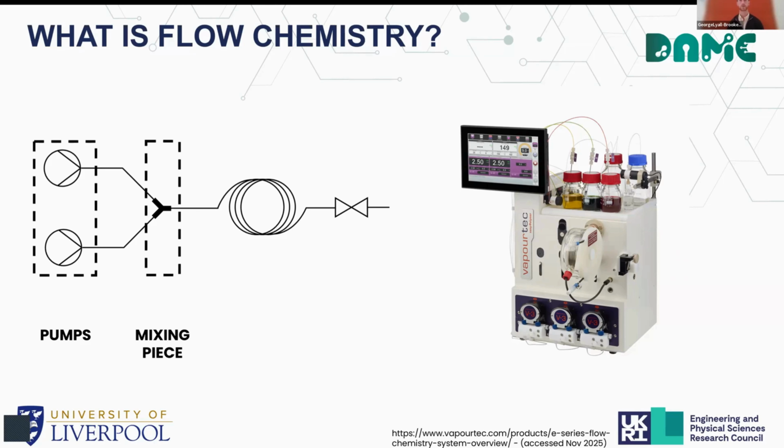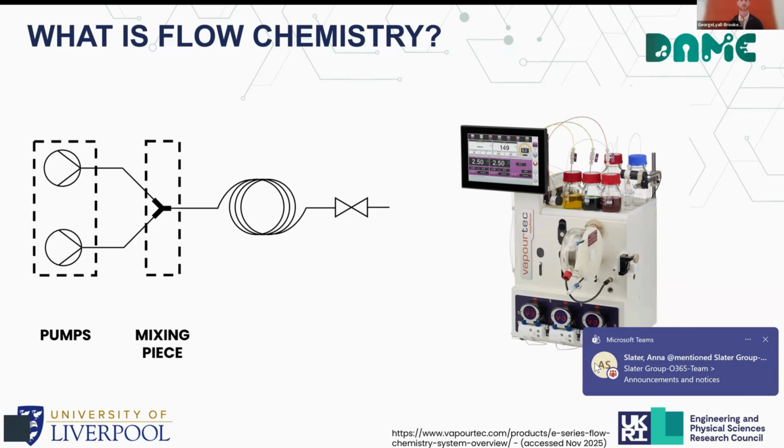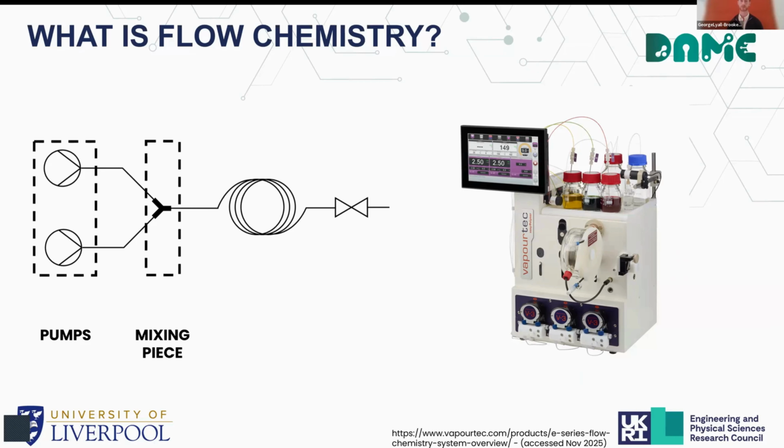The one shown on the schematic is a Y-piece mixer, although these come in many different shapes and forms. You can also get them in T shapes or more complex shapes, and heart-shaped mixing pieces have been reported in the literature previously, all with advantages and disadvantages again.